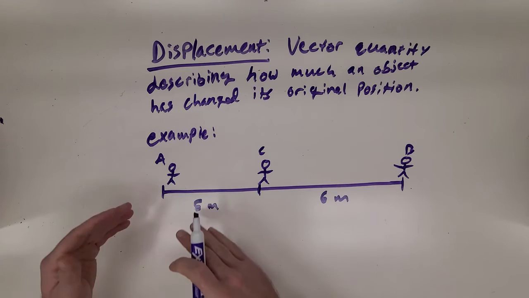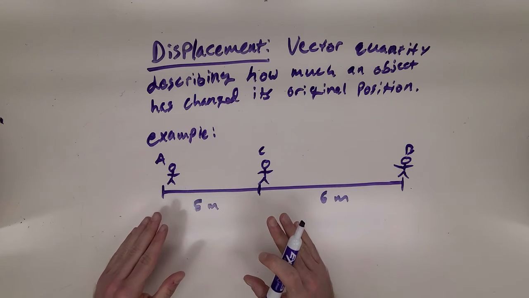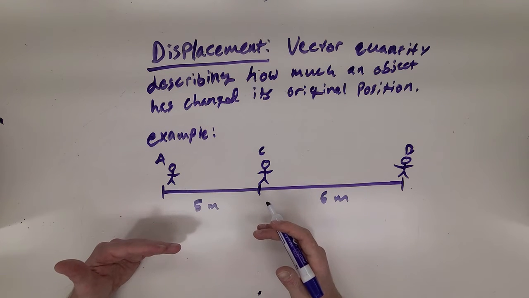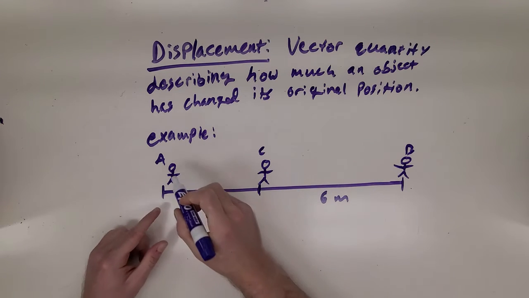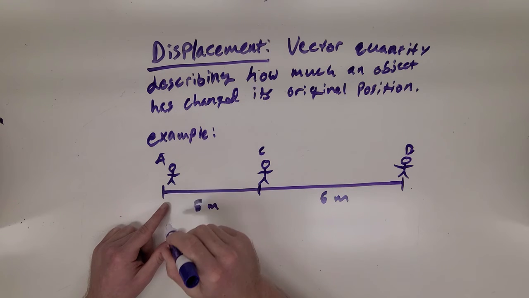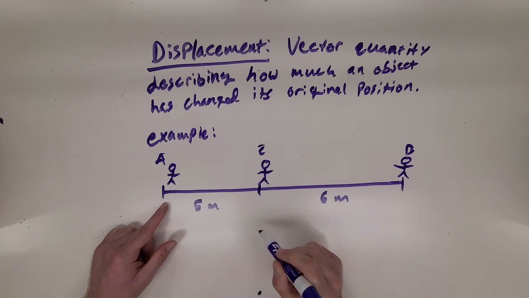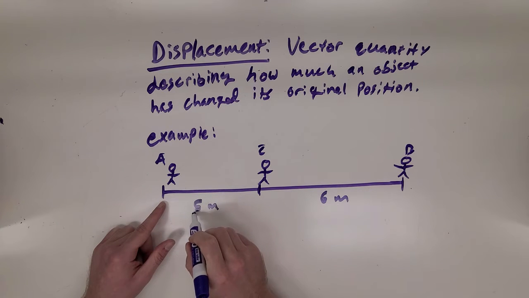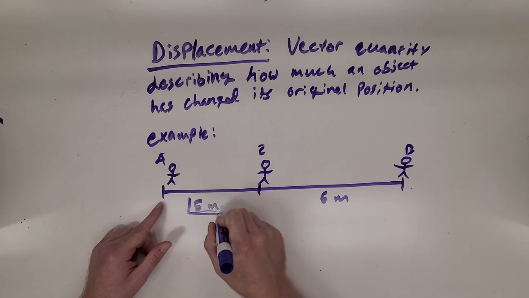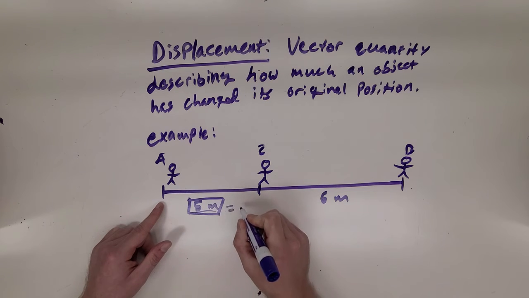So when we describe this person's displacement from his original starting position, it's a stick figure, we only want to know the starting and end point. It started at position A, ended at position C, so we just need to know that distance from A to C, and it's just 5 meters, and that would be this person's displacement.